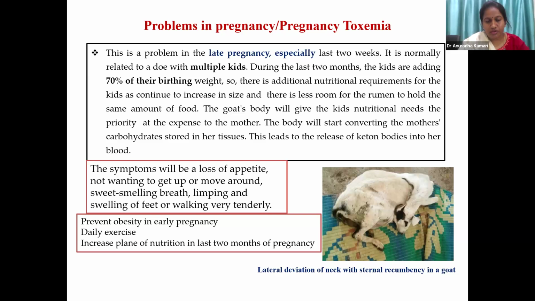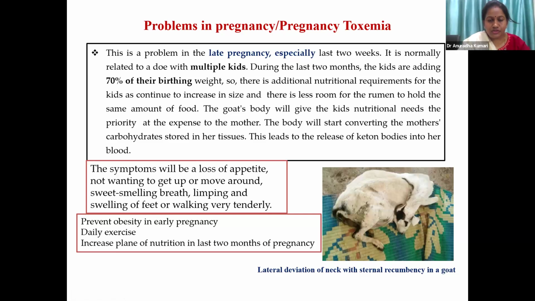In the later stage of pregnancy, maximum development of the young ones occurs. At the same time, there is less space in the rumen to hold the same amount of feed. So the mother is in a negative energy balance, but she compensates for the nutritional requirement of the body by converting her body reserves, which leads to the release of ketone bodies in the blood.